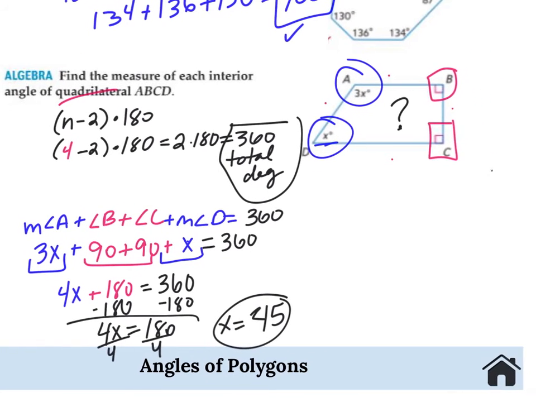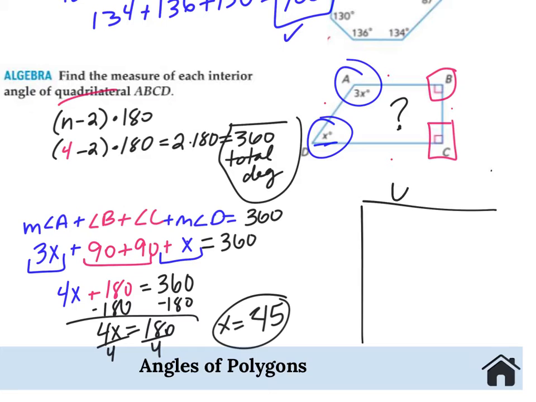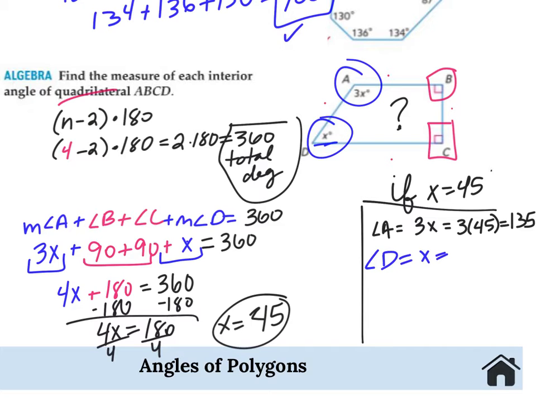Okay, so if x is a value of 45, then I would know that angle A, which equals 3x, would have to be 3 times 45, or 135 total degrees. B and C earlier, again, were 90-degree angles. Angle D is a value of x, which we determined is just 45. So that's how you find the missing angles of a polygon.